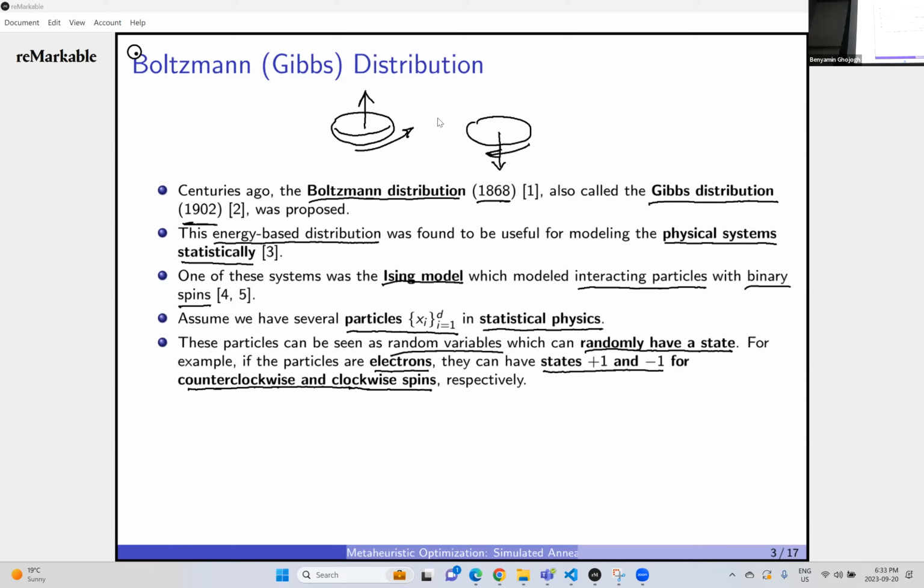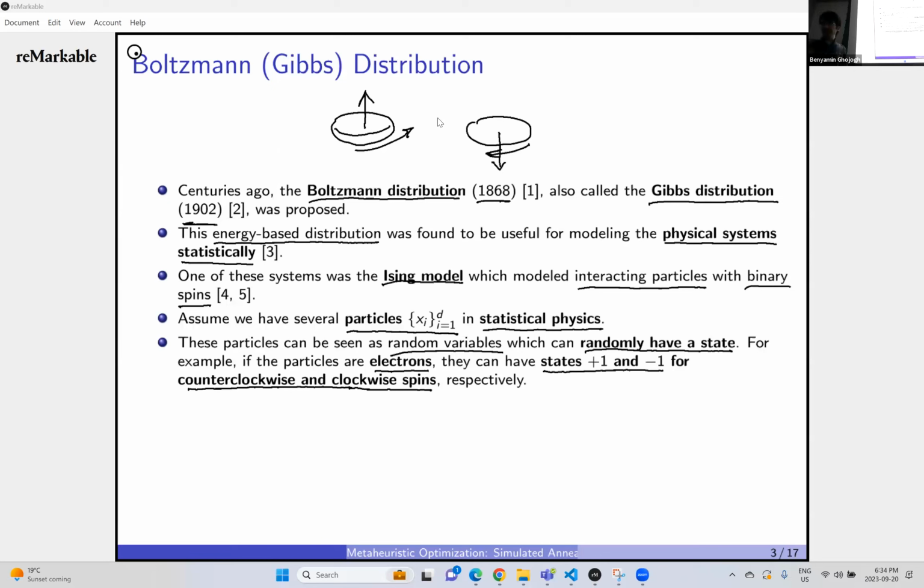Particles in physics usually rotate. An example particle is the electron, right? They usually rotate either clockwise or counterclockwise. Based on whether they rotate clockwise or counterclockwise, we have positive or negative spins.